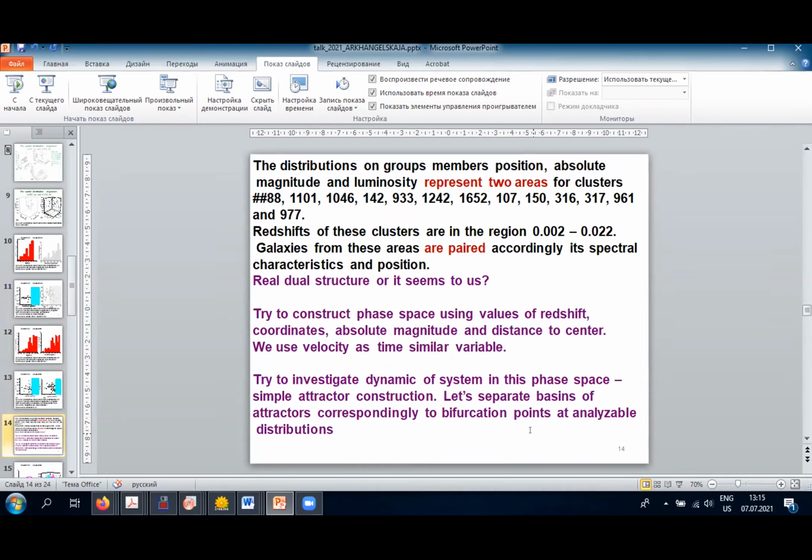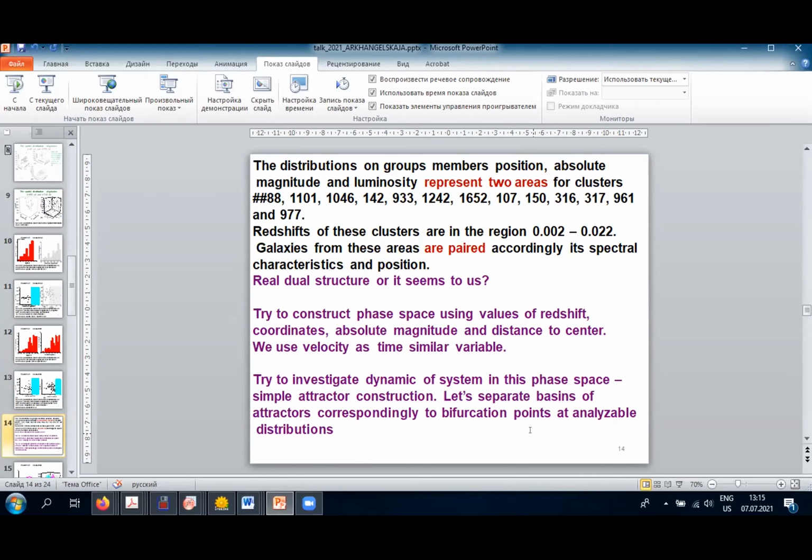Then we can see the distribution on group member position, absolute magnitude and luminosity, representing two areas for clusters numbers 88, 1101, 1046, 142, 933, and so on.